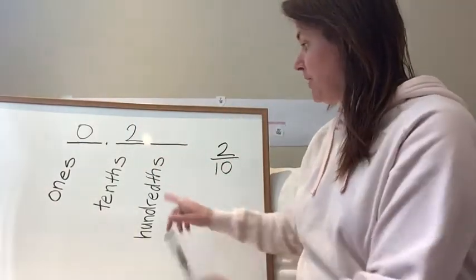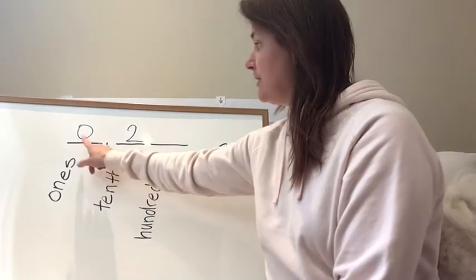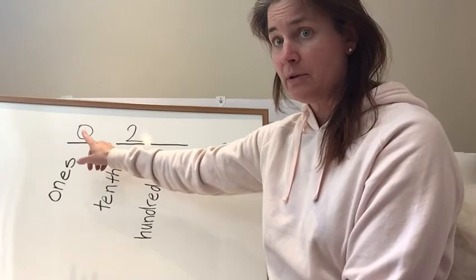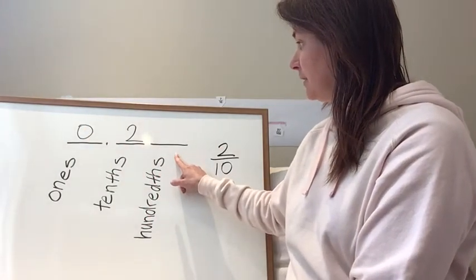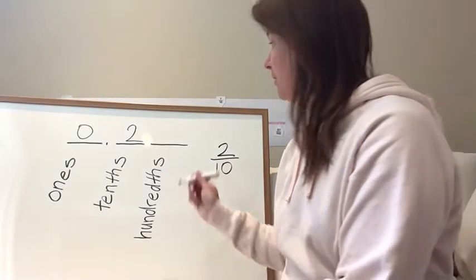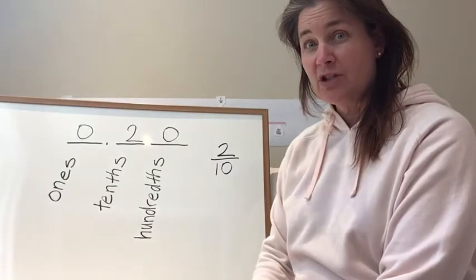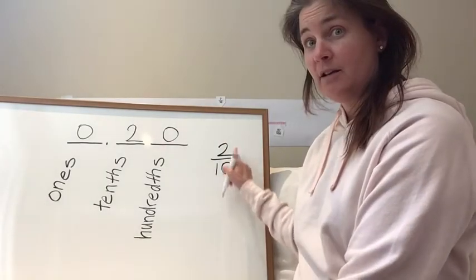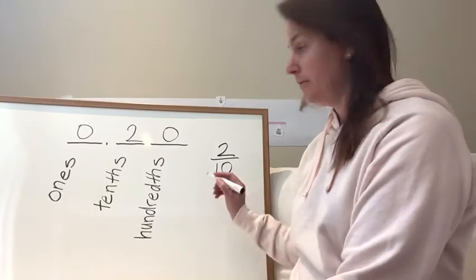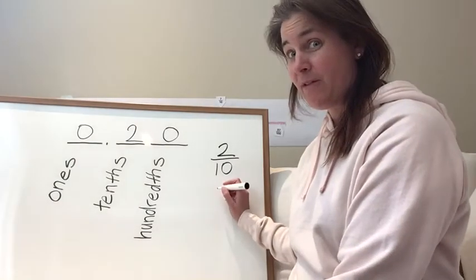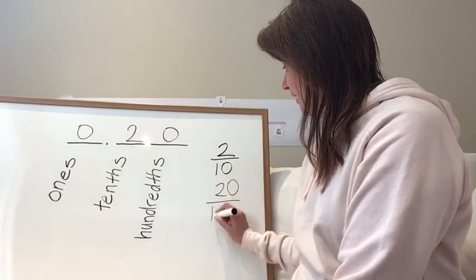Now do we put anything in the hundredths place? We put a 0 in the ones because there were no whole numbers. And for the hundredths, you could put a 0 there. But if you do, it means the same equivalent amount. It's 20 hundredths.